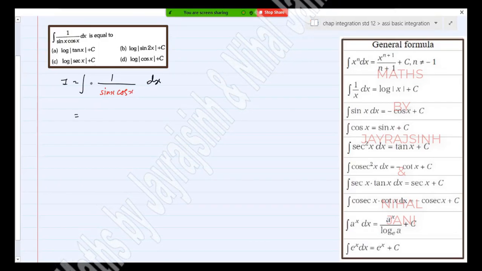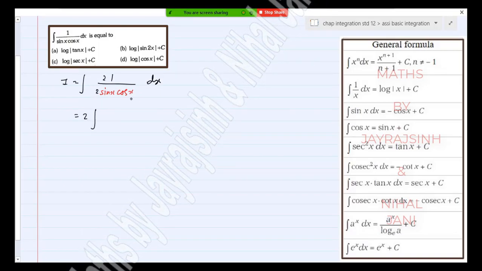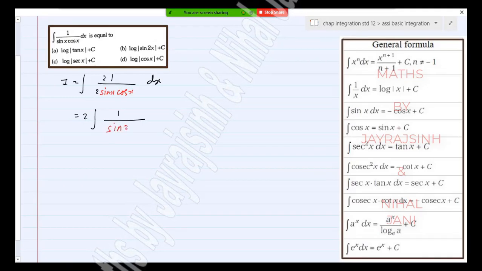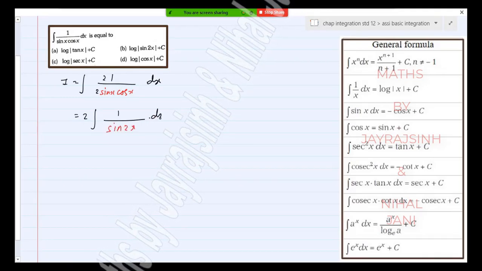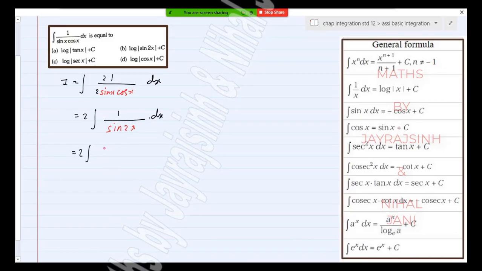Here we have to integrate 1 upon sin x into cos x dx. To simplify our numerator, we just have to multiply and divide by 2.